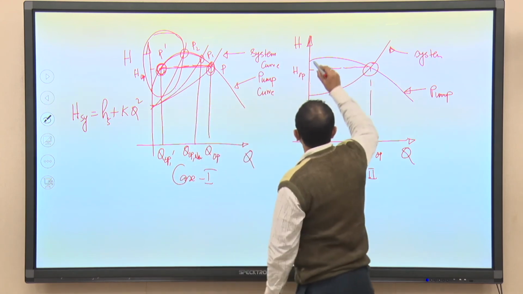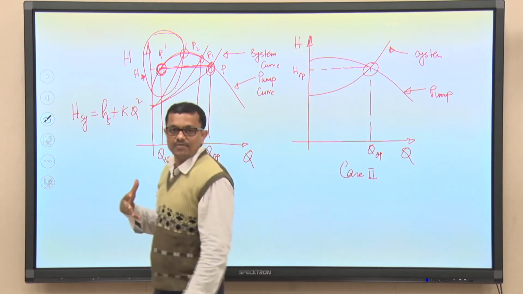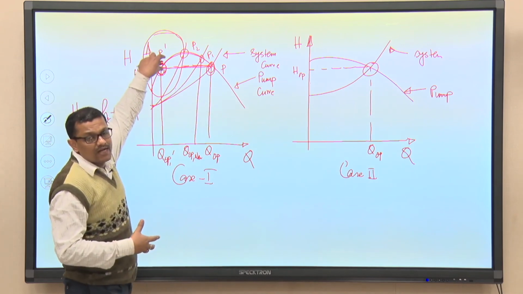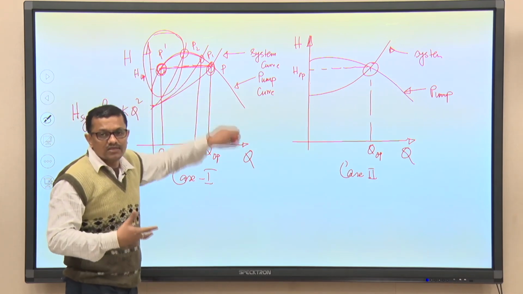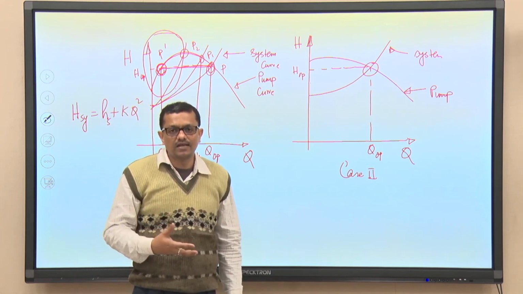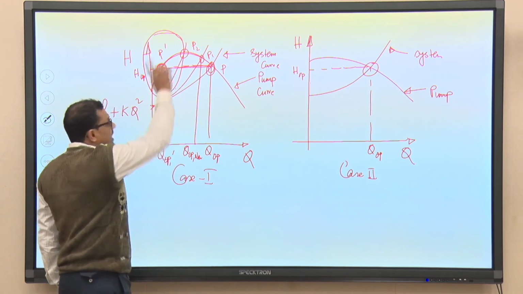So, we need to have a continuously drooping characteristic, but at the same time we know that this part cannot be avoided fluid dynamically. Losses, separation losses at the suction side will be there, and if that is there, the curve will take a shape like this.